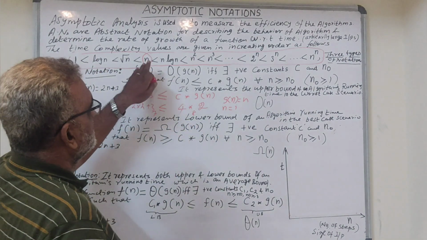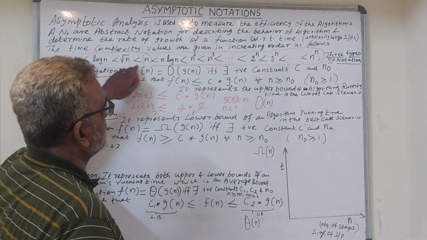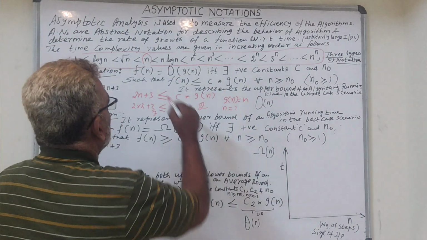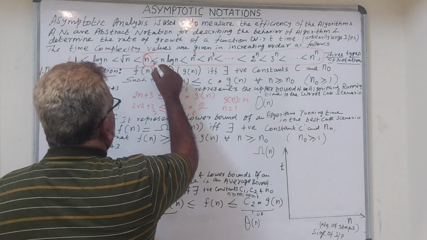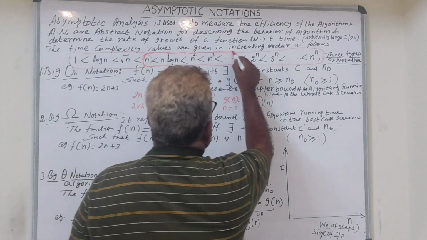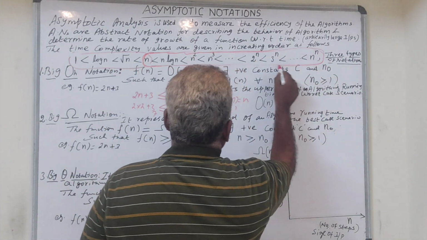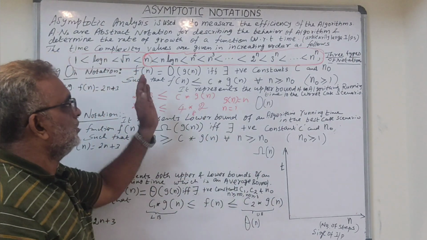If you look at this time complexity that I have written in increasing order, anything that is equal to n and greater than n will satisfy this condition. So all these values satisfy this condition.